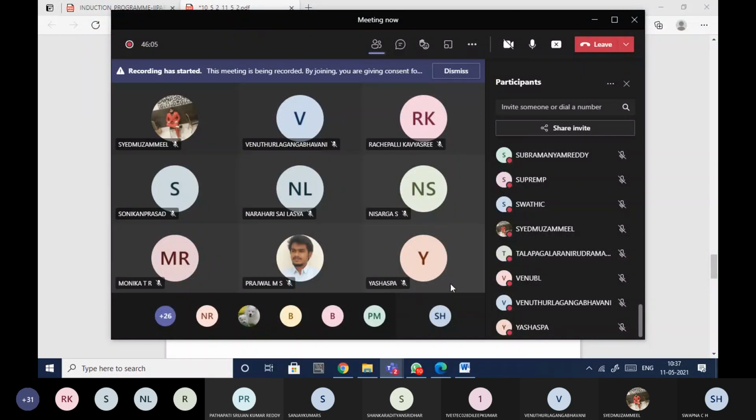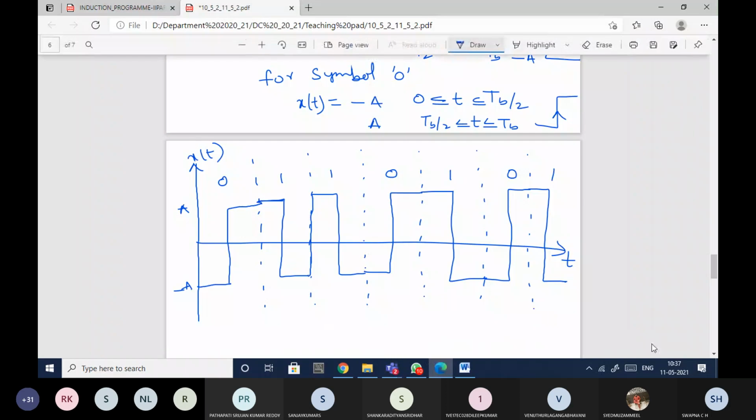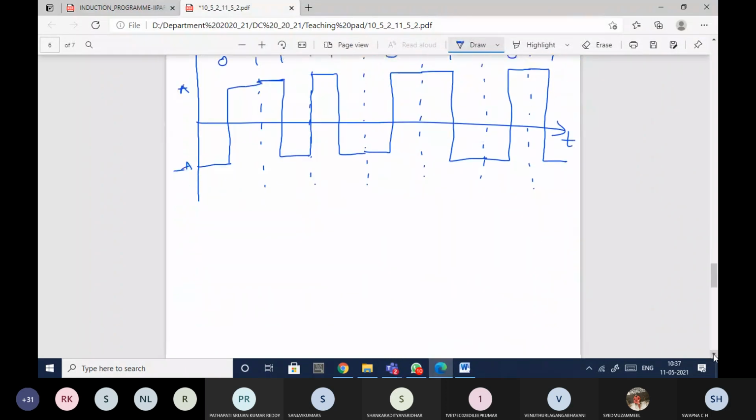Now you take the question. This is how the question will be given. Sketch the following for the binary data given.